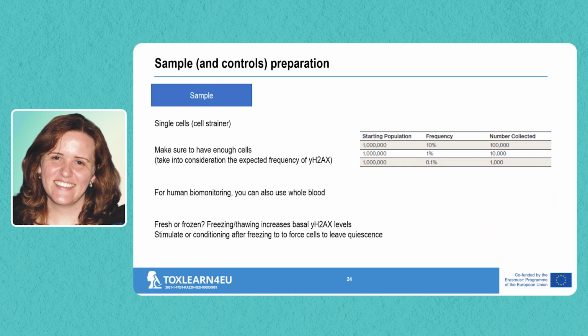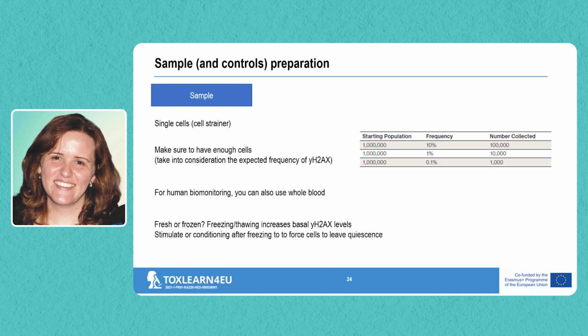You need to make sure that you have enough cells. This is quite important, because if you do it in vitro and you are using different kinds of treatments, you know that you will expect higher levels of phosphorylation, so maybe you can start with a lower number of cells.